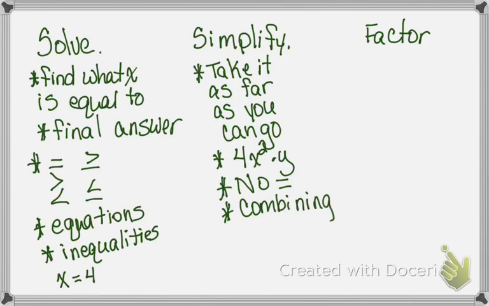We are combining. Okay? We are multiplying. We are dividing. We are combining when we are simplifying. Okay? This 4x squared y, that's what an answer may look like when we're simplifying. When we are solving, we may have an answer that looks like this: x equals 4. There's a difference between solving and simplifying.